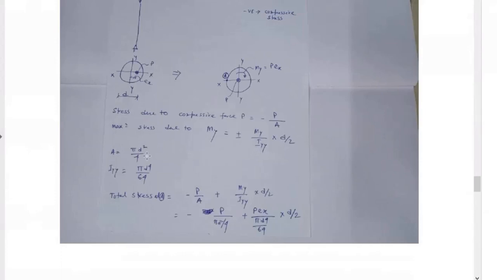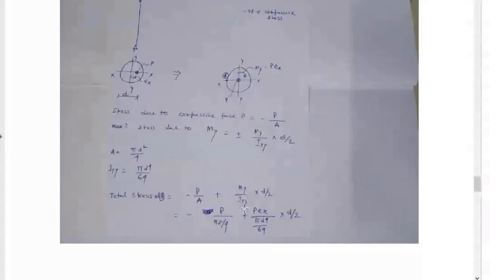Here, for the circular cross section, A is pi d square by 4, and the moment of inertia about the y axis is pi d to the power 4 divided by 64. Put these two in this. Again, the stress at point A will be minus P by A plus My divided by Iy into d by 2.